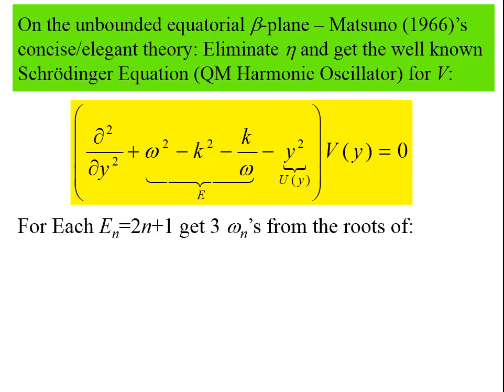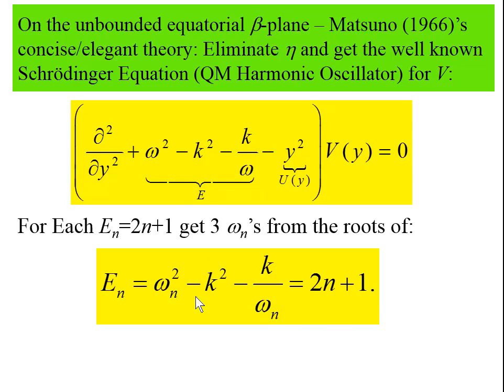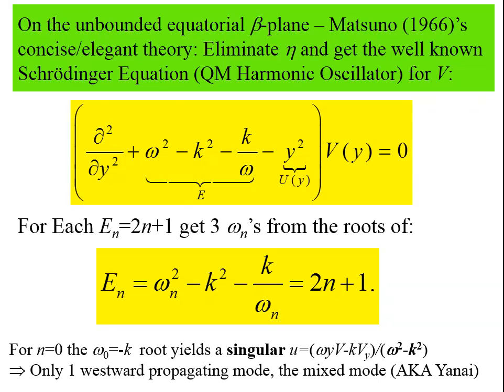And since it's a well-known equation that was studied in quantum mechanics, we know what the energy values are. It's 2n plus 1, and each energy gives us 3 omegas via this cubic relationship between the frequencies and the energy level of the Schrödinger equation. And the resulting picture is very similar to what George showed us earlier in this session.